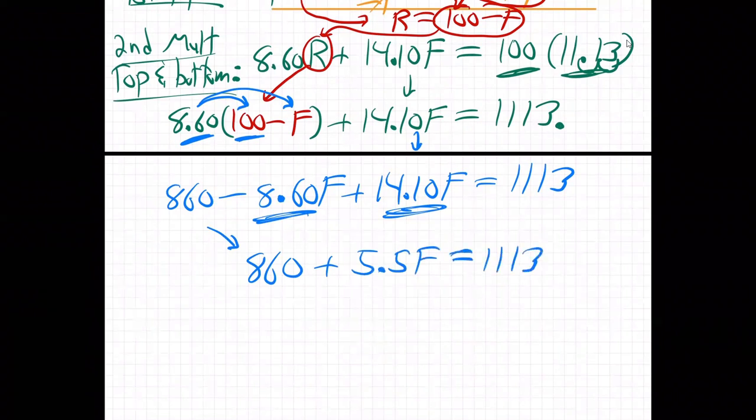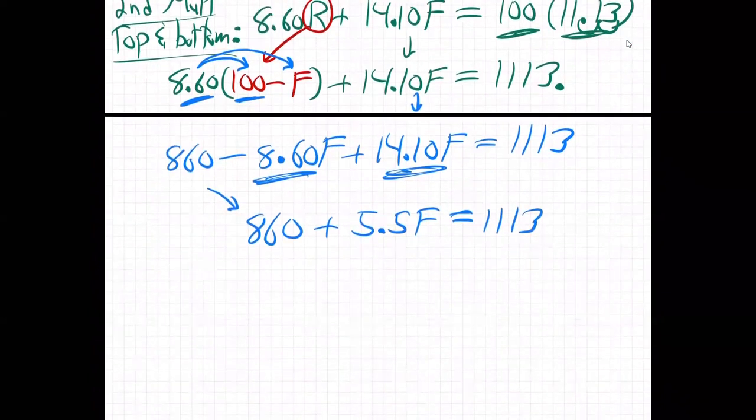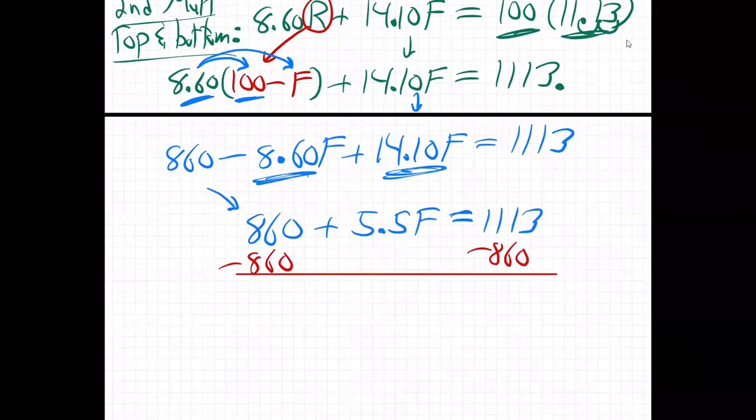Equals 1113. All right, let's subtract 860 like so. 5.5 F equals, subtract that, and I'm getting 253.